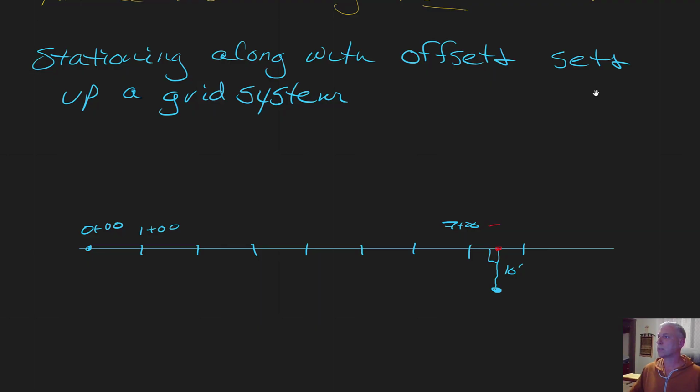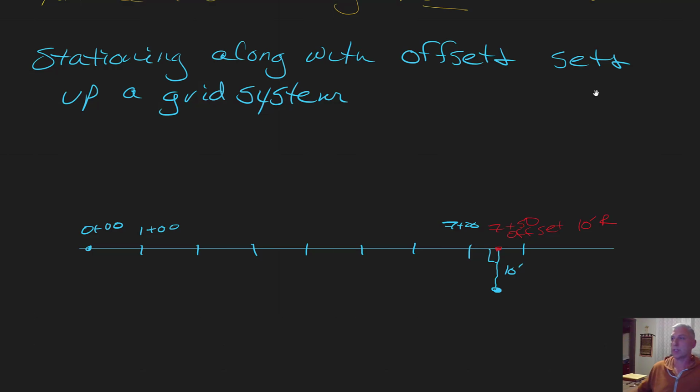So this would be at 7+50, and an offset of 10 feet right. That's how we use a center line as a grid system.